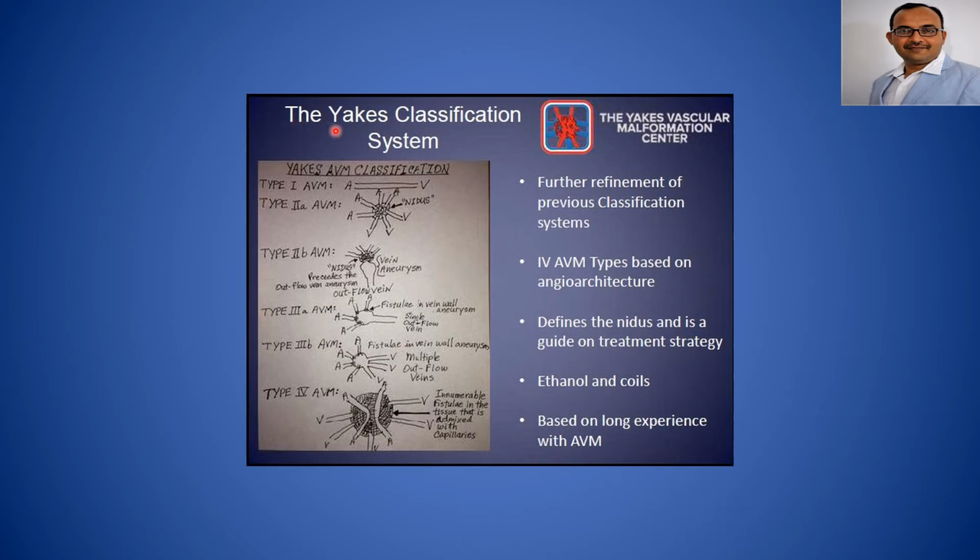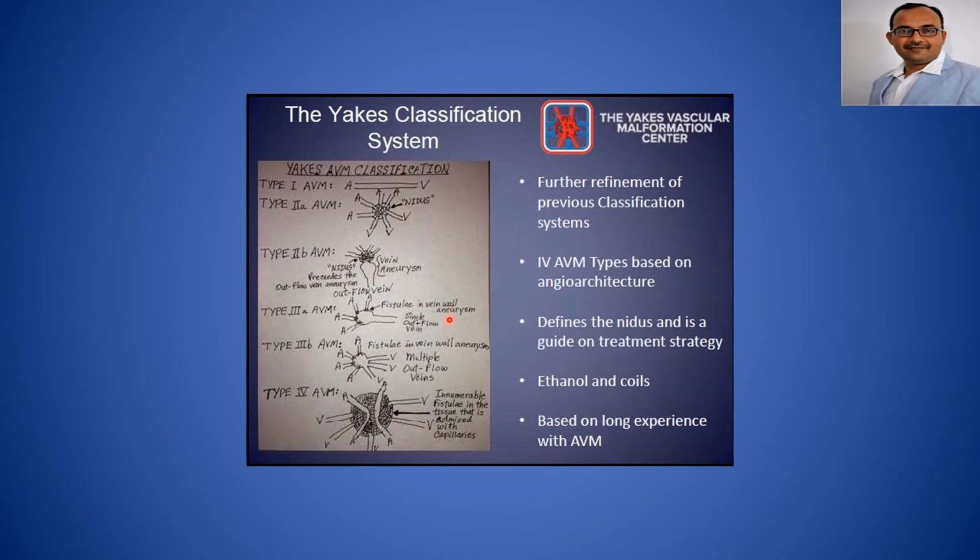Now most of the time for pelvic AV malformation, type 3A AVM is very common. In this type, there are multiple arterial feeders to the malformation, but there is a single dilated dominant vein, a single draining dominant vein, which makes our job very easy.